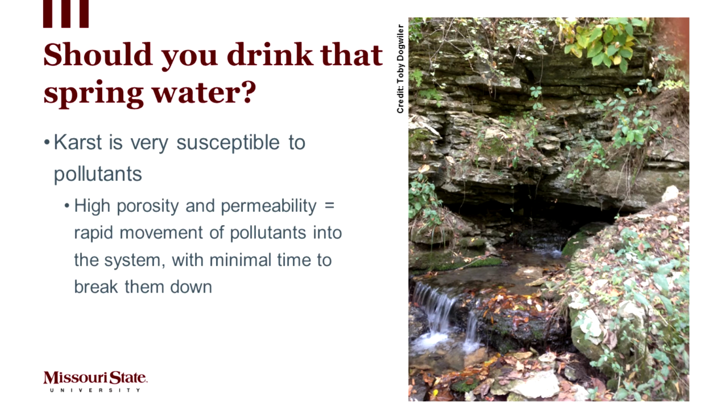So I think that the idea that spring water is super clean is either a very old notion or a notion that maybe has been propagated by marketers for bottled water. But in the real world, spring water is very susceptible because springs are the outlets of these karst systems. It's very susceptible to pollution.